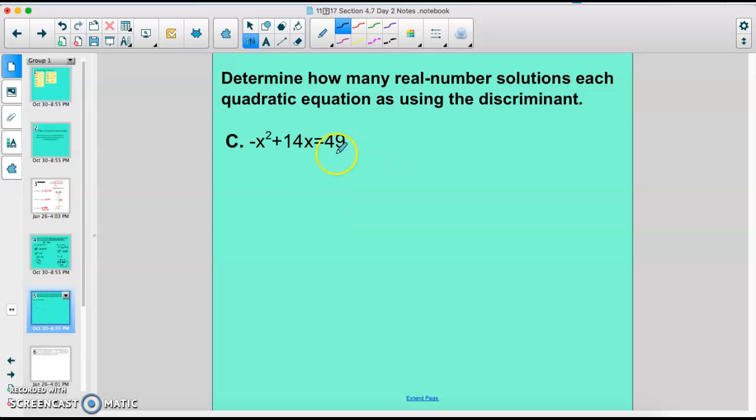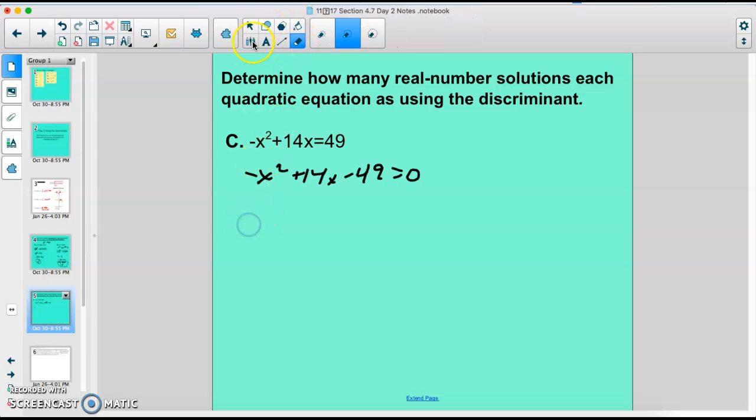All right, and our last one here, same thing. Make sure we get everything on the same side to begin with. Plus 14x, and then we're going to subtract 49, and that equals 0. So I'm still in quadratic formula mindset here. Not negative b, just b squared. Let's put our numbers in.